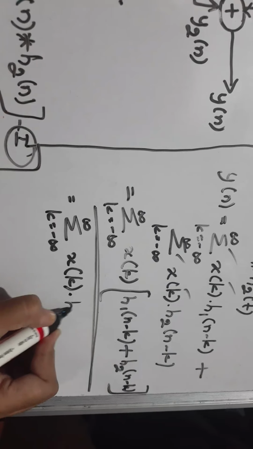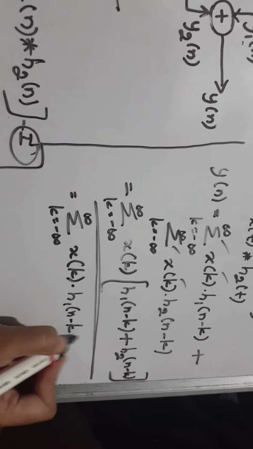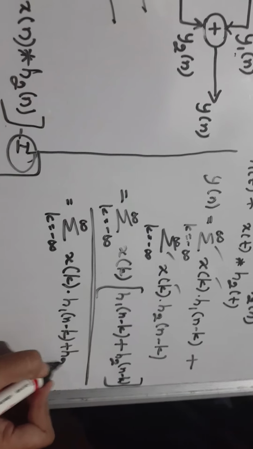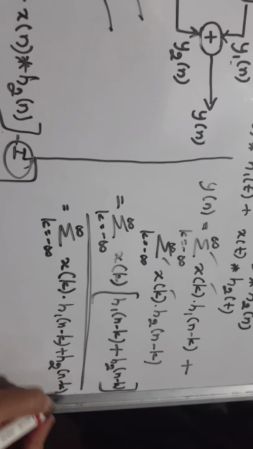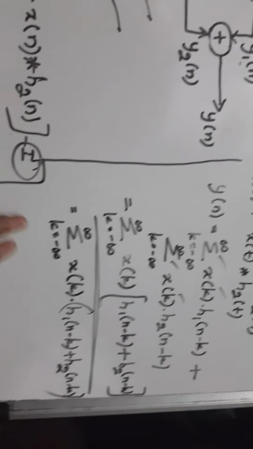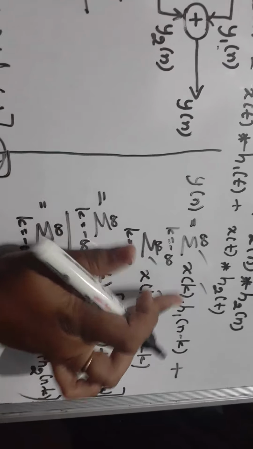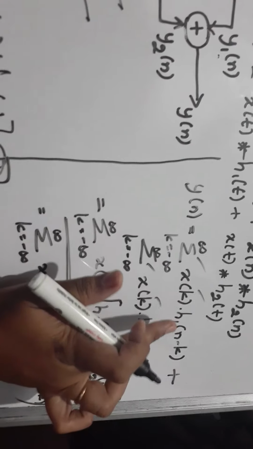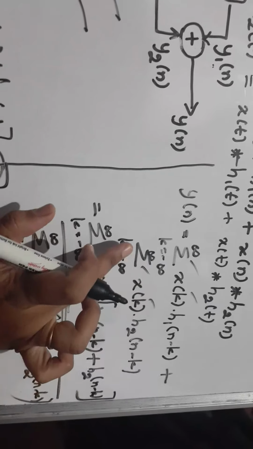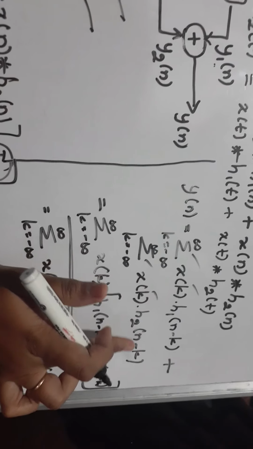Let me write it one more time just for your understanding. It is also a convolution sum formula: summation, first signal, second signal shift.